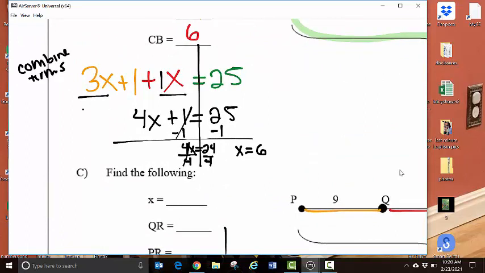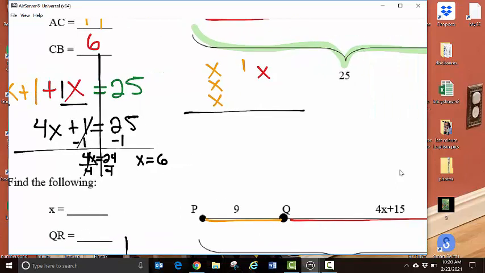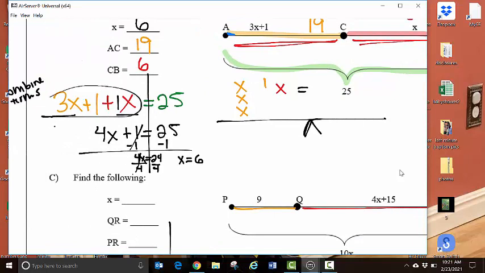What we're saying is that over here we have 3 x's, 3 mystery numbers, plus 1, plus another mystery number. And we basically have it on a teeter-totter that we're trying to keep balanced. We know that this stuff equals 25.